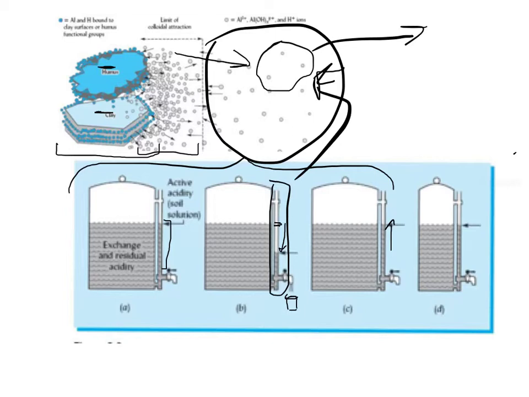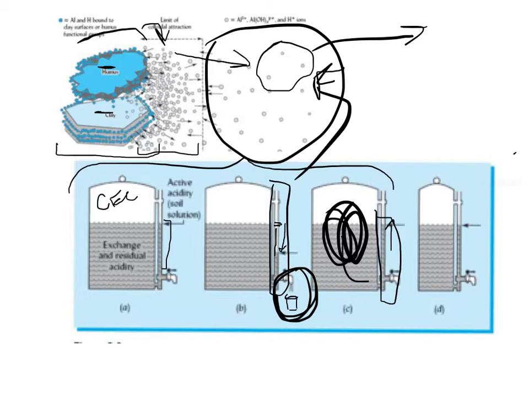And if we have a really large CEC, then we'll replace what was in the exchangeable acidity, and it's going to look like there wasn't that much change. And this is what we call the capacity of a soil to buffer itself, to protect itself against changes. So if we have a large CEC in the soil, then you can consume some of those hydrogen ions and take them somewhere else, and this active acidity is just going to fill itself back up again, because we have a lot of acidity that we can replace that active acidity with.